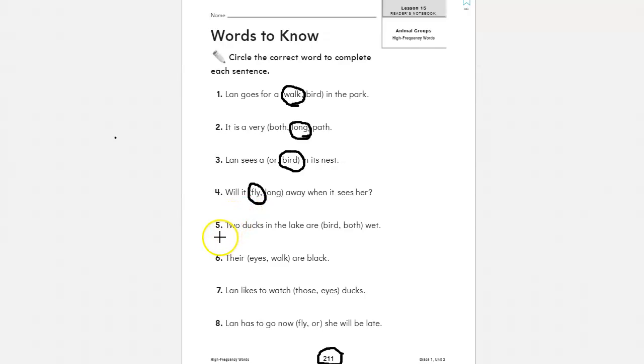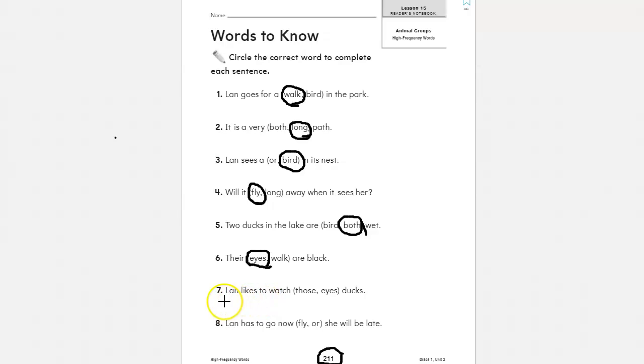Number 5, 2 ducks in the lake are both. They are both wet. And what about number 6? What did you pick? Their eyes are black. Their eyes are black.